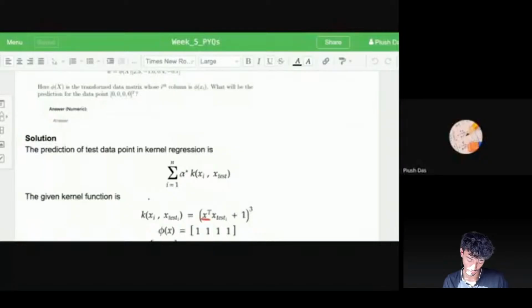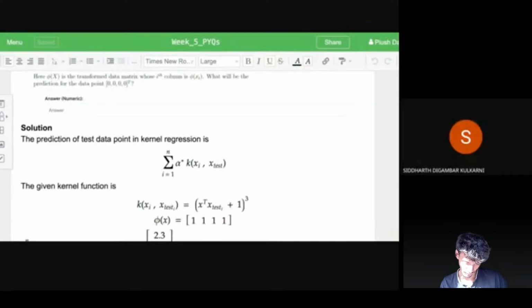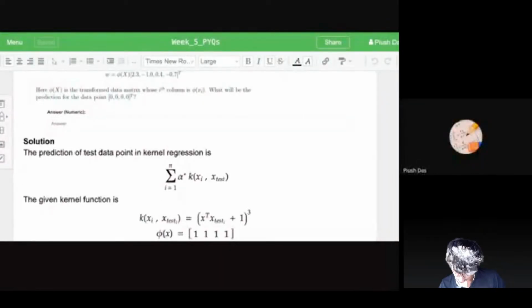Clear? Yes. But sir, what is x test? x test is the data point, our test data point. And what is x transpose? X transpose is any x value, like we have a matrix given as X. If we multiply anything with that column of this matrix by 0, it comes out to be 0, right? That is what was said. If these prediction points are not 0, then we would have to know the actual value of X to calculate this solution.